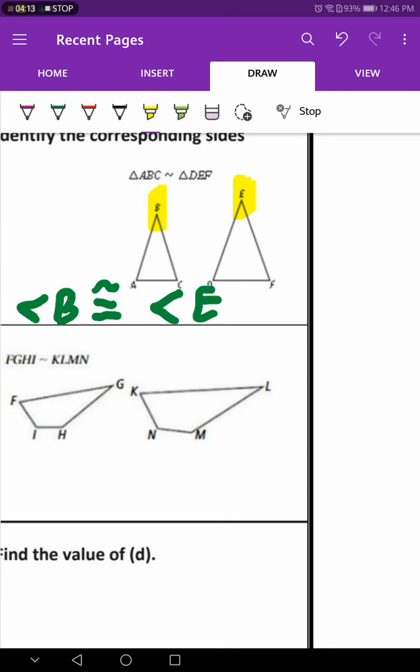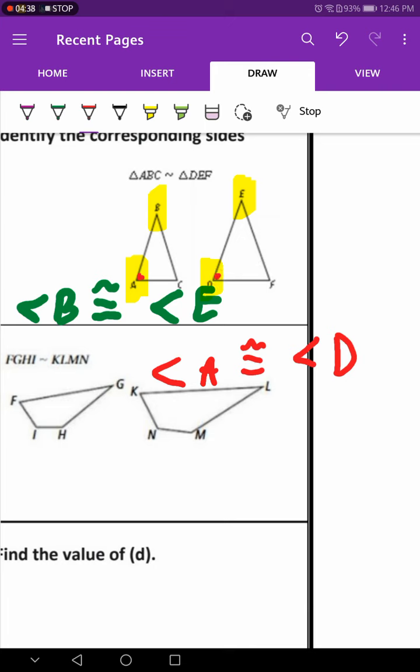And as you see, the angle A corresponds with D. Yes? So what do we write? We write the angle A is congruent with the angle D. That means this angle and this angle are equal.